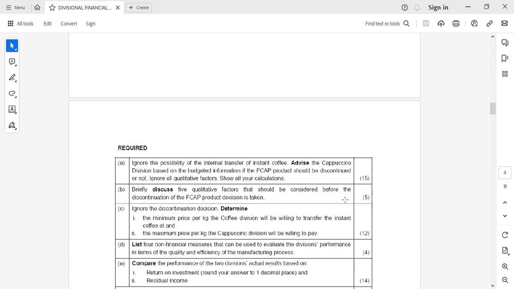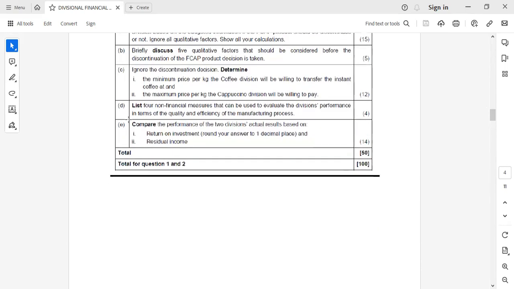Now, the part that we want to deal with is part E. Compare the performance of the two divisions' actual results based on the return on investment, rounding your answer to one decimal place, and residual income.